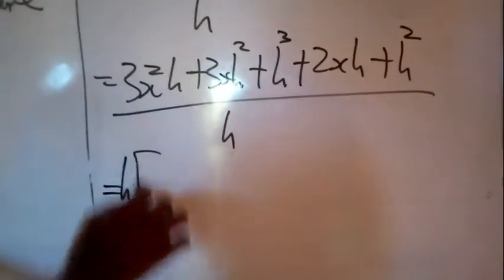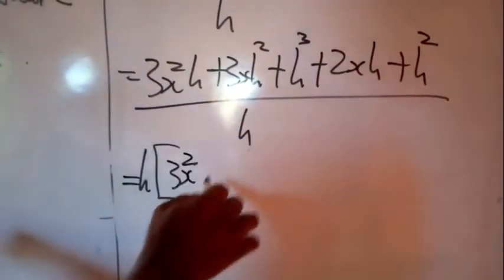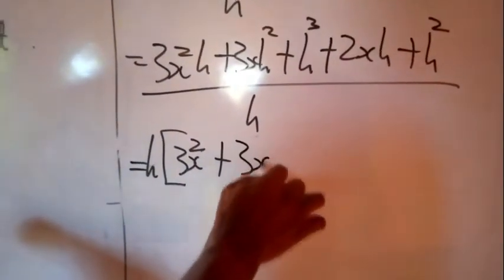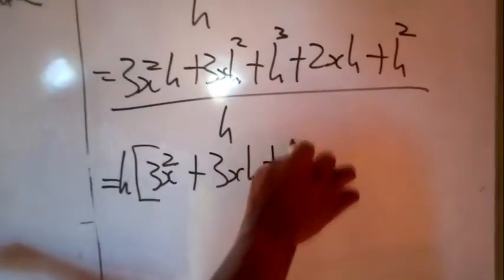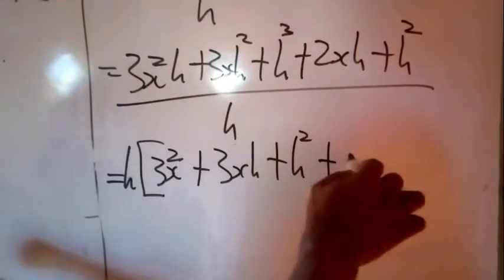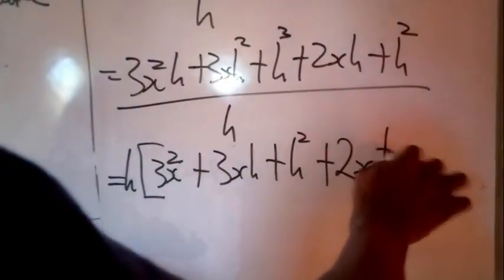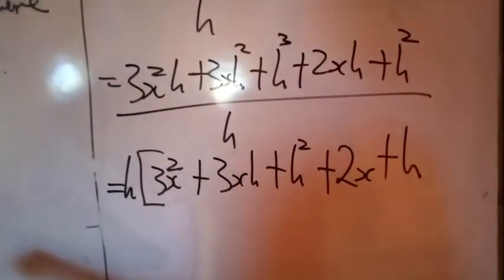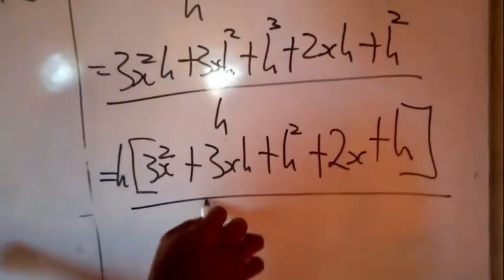We have h times 3x squared plus 3xh plus h squared plus 2x plus h, all over h.